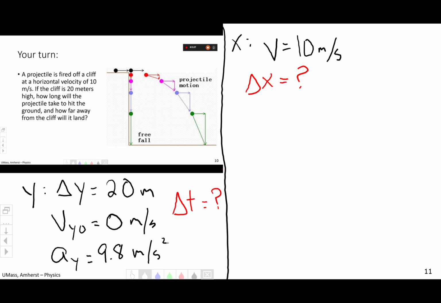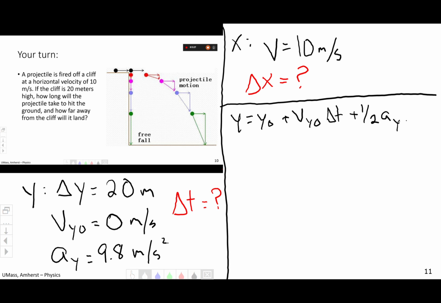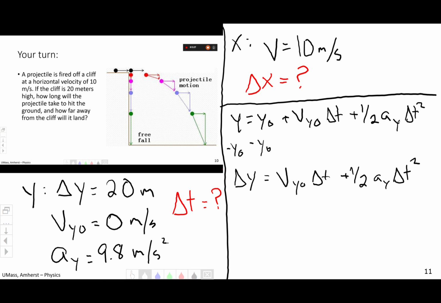So we're going to do basically the same process we did before, where we're going to start in the y direction. We'll have y equals y0 plus vy0 delta t plus 1/2 ay delta t squared. And if we subtract y0 from both sides, this becomes delta y equals vy0 delta t plus 1/2 ay delta t squared.